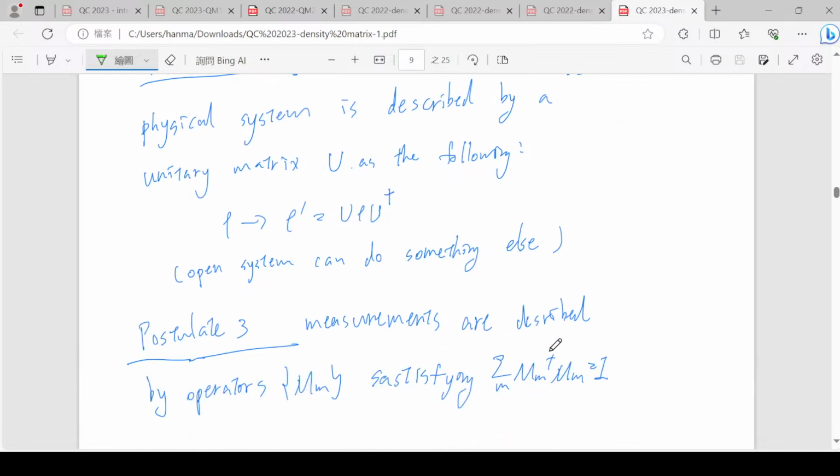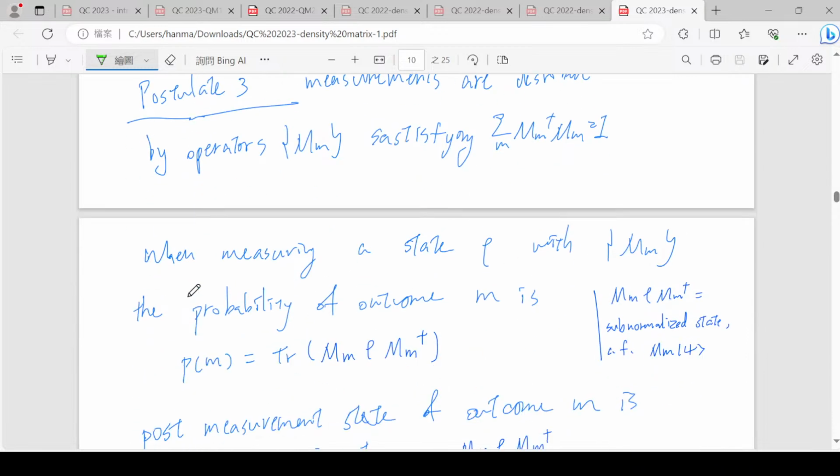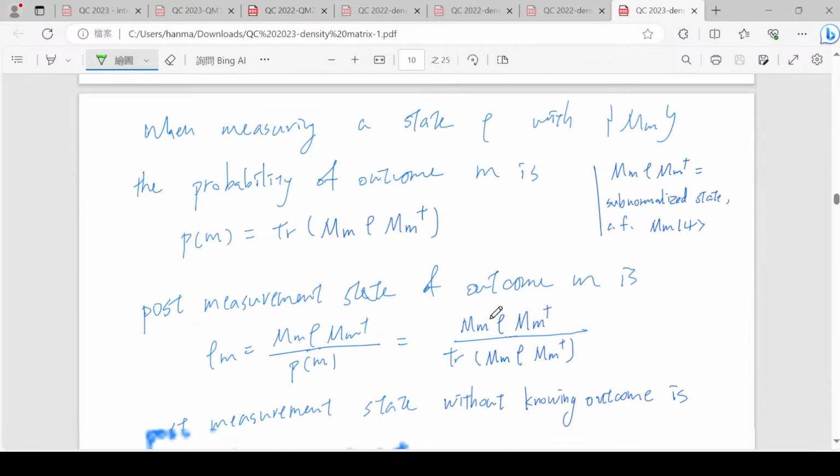Although we will see some examples of this, that is postulate 3. The measurement is described by the same mathematical form: a set of operators M_m, which need to satisfy this completeness relationship, summation of M dagger M equal to the identity matrix. When you measure a state against this set of measurement operators, there are two things.